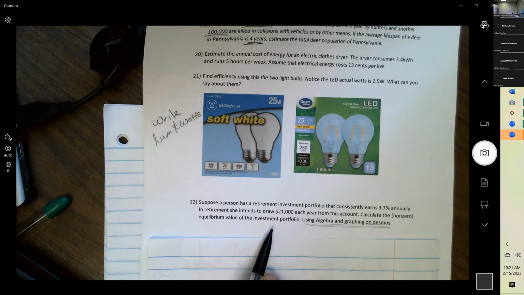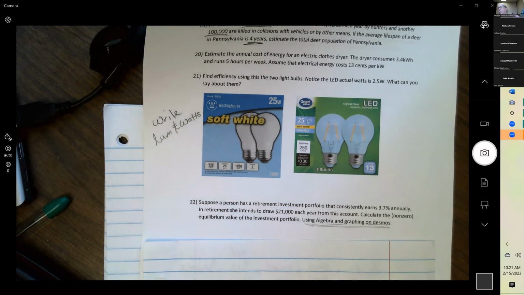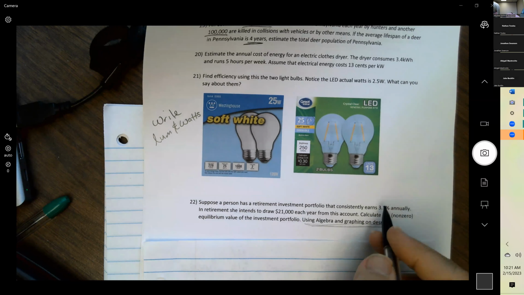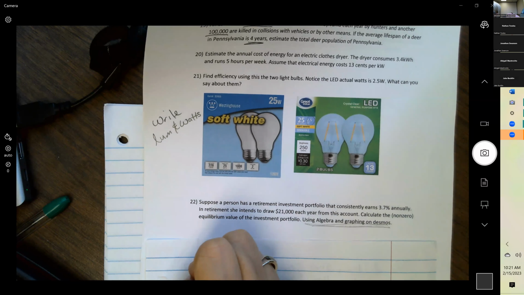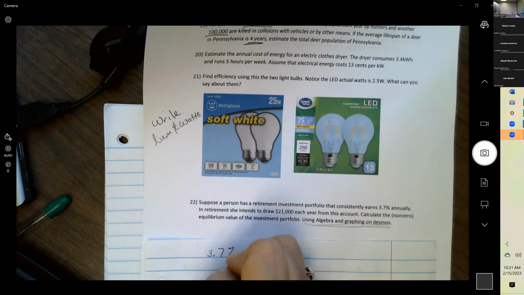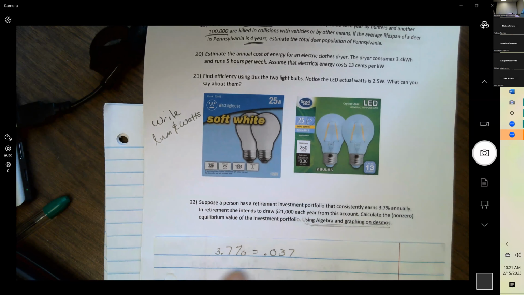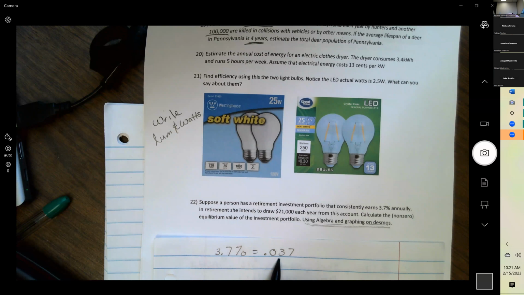So what they're doing is, remember, equilibrium is when what's going in is what's coming out. And she's making 3.7% off of whatever's in there. 3.7% needs to be written as a decimal first. Divide it by 100 or move it to the left 2, but this would be the rate you would use.